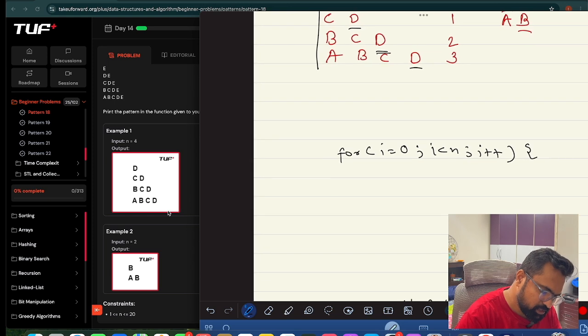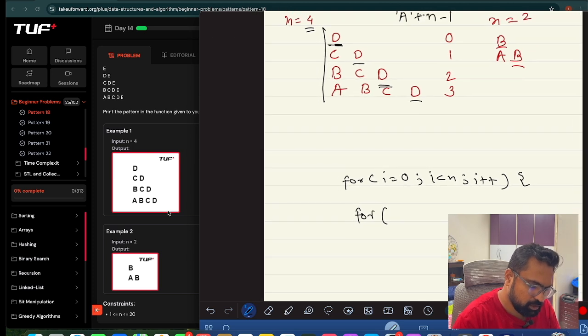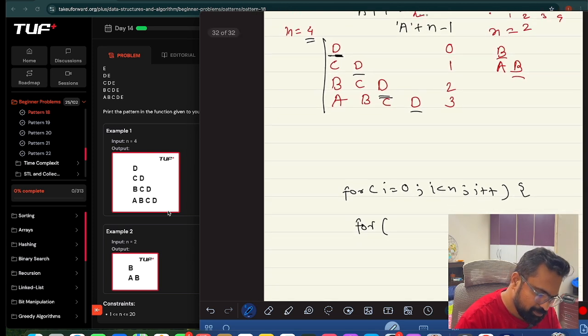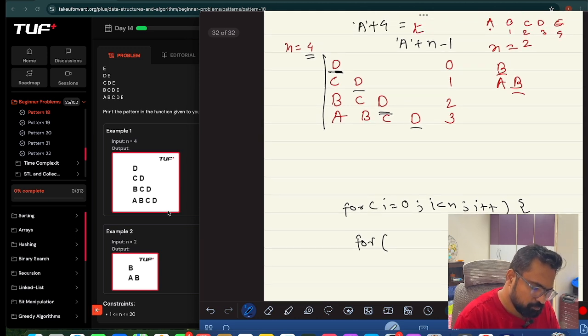So the inside for loop is a character for loop.